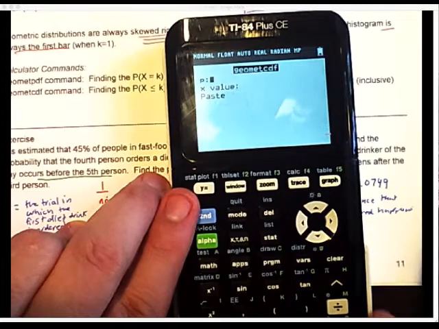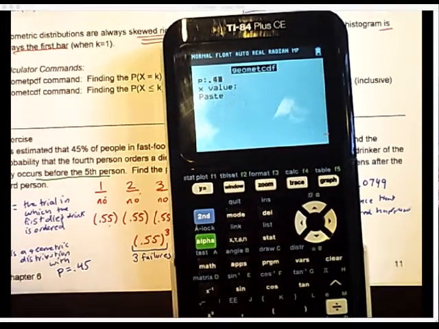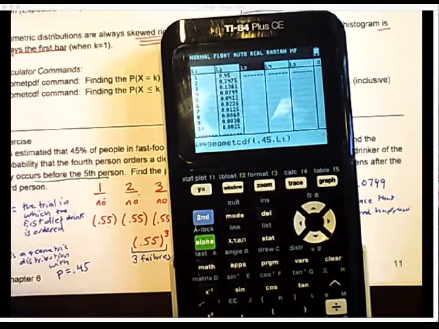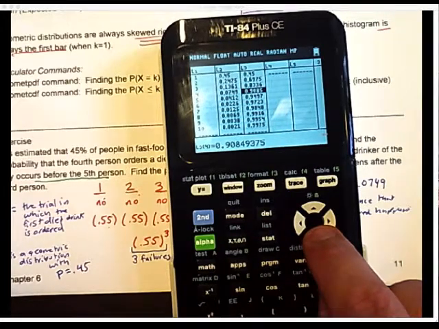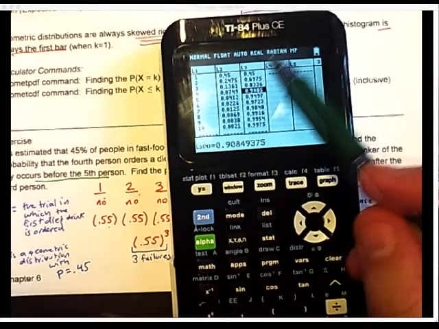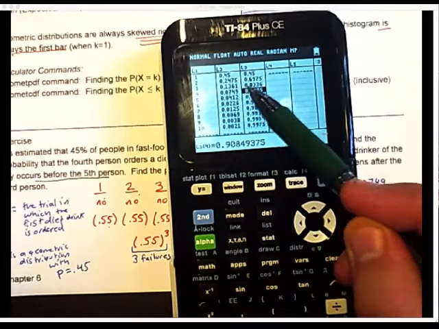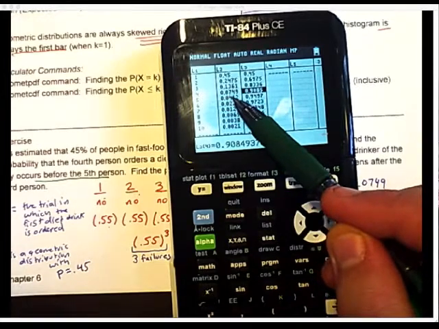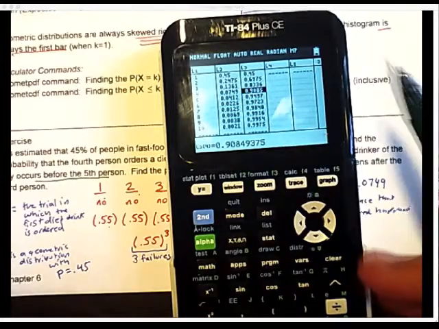So if I enter that, 0.45, the x value comes from L1, and paste, okay, we can simply look here. Okay, so if I were to add up 0.45 plus 0.2475 plus 0.1361 plus 0.0749, it gives me this number, 0.9085.